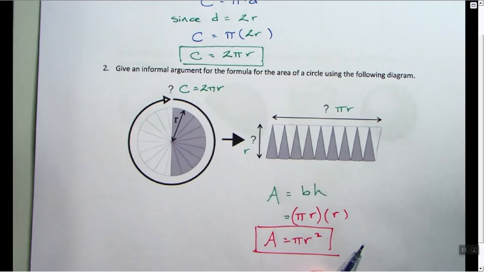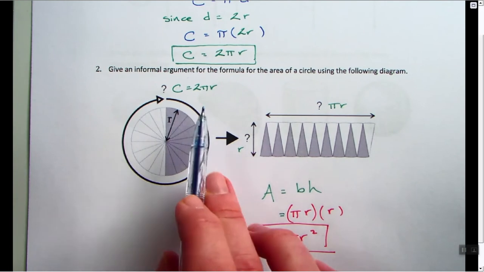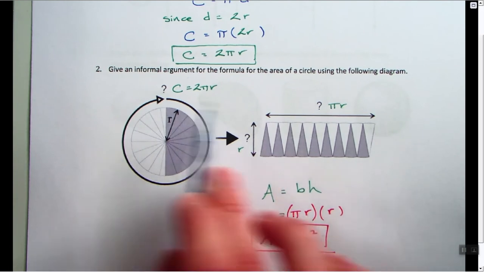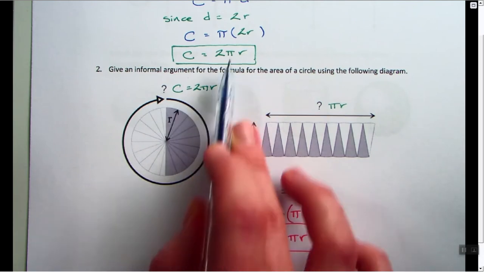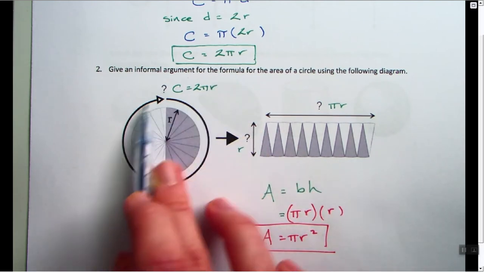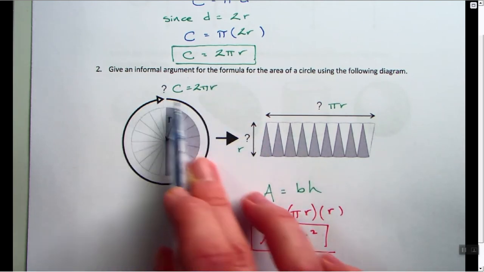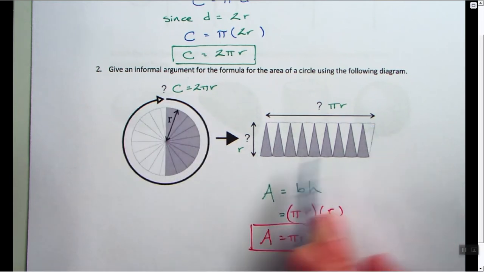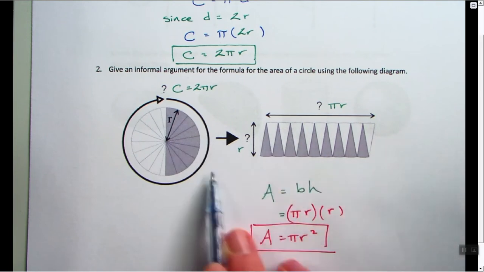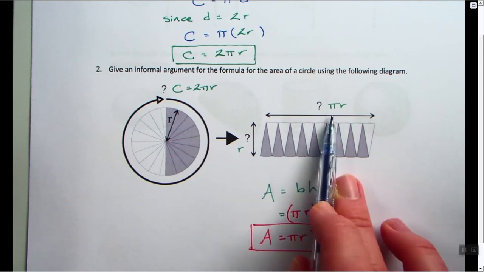Number two, this is also covered in the video, but what we're looking for in this notes paper is the area of a circle. Circumference is equal to 2 pi r. We just derived that. If you unroll this and put half of it here and half of it there, that's in the video, then this length is pi r.